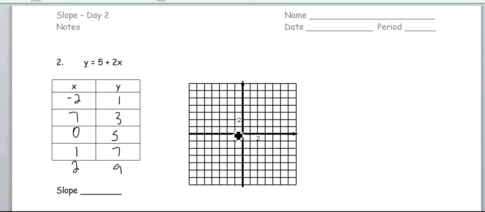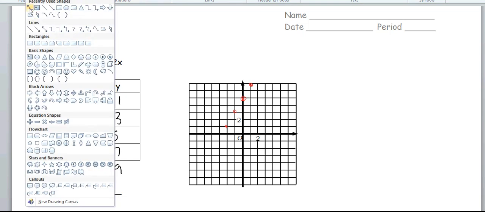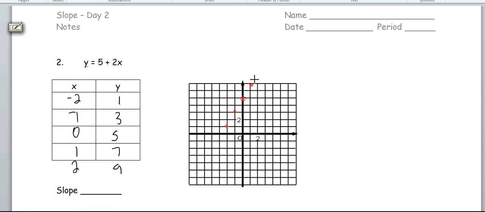So I would go over here, and let me change to red. Negative 2, 1, negative 1, 3, 0, 5, and 1, 7. We can't get all of them in, but we put in the ones that we could, and we're going to put in our line with arrows on both ends.